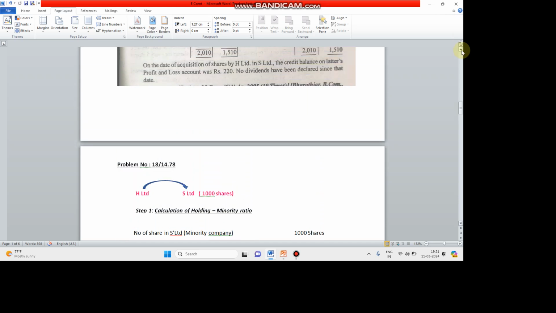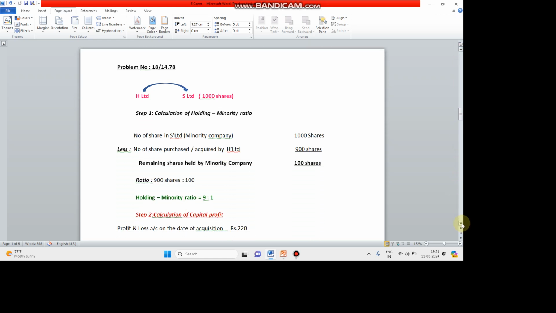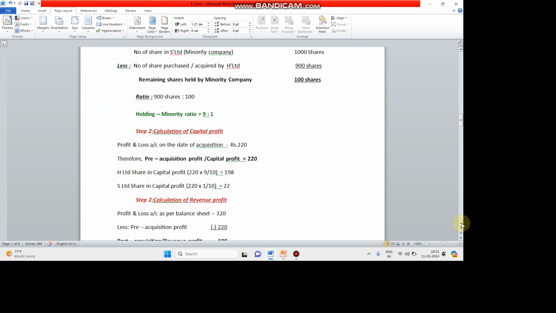They are very specifically given: on the date of acquisition of the shares by H Limited in S Limited, the credit balance in the profit and loss account was rupees 220. This is the capital profit, the pre-acquisition profit at the date of acquisition, 220.